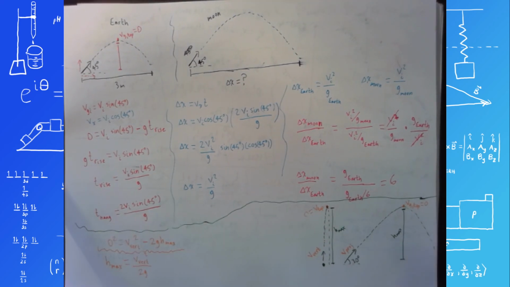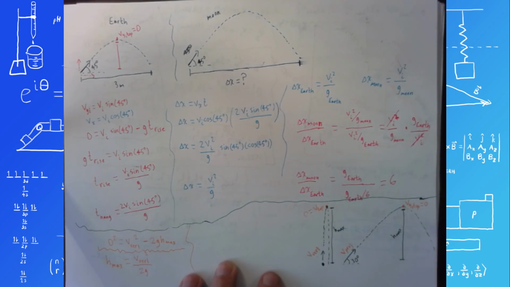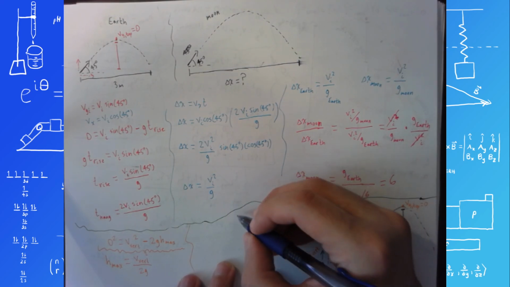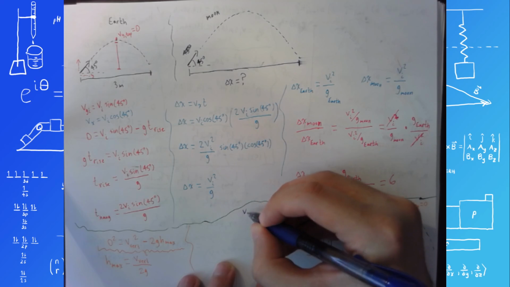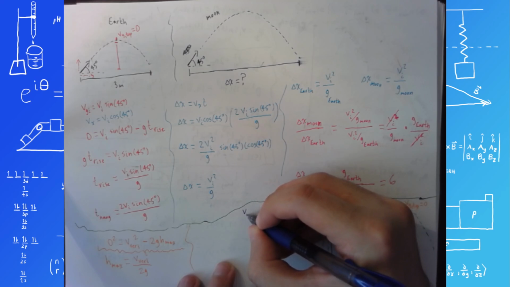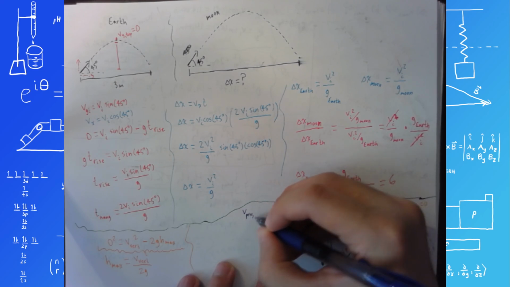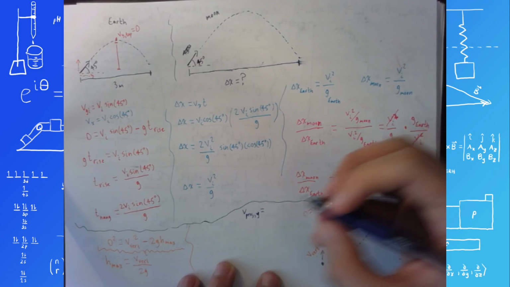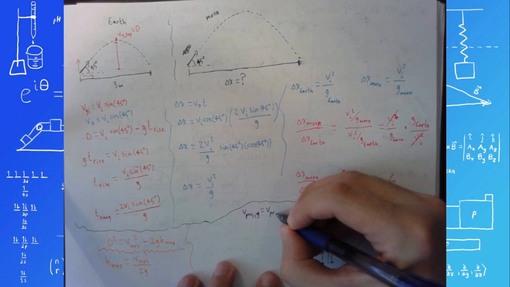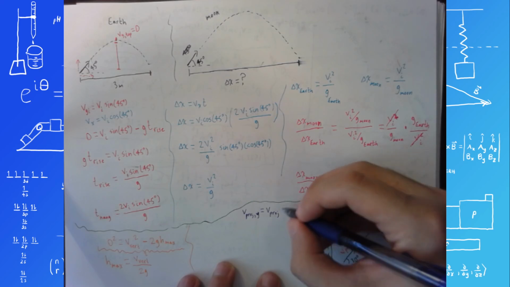Now for the projectile, let me do this in another color. How about this dark blue? For the projectile, I'm going to work with just its y component. So v projectile in the y direction is equal to v projectile times sine of 30 degrees.